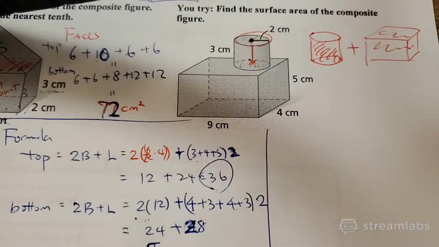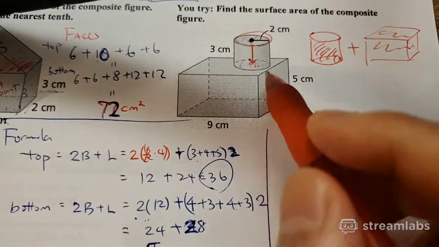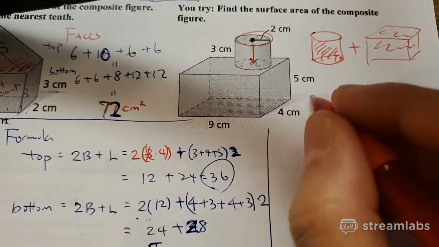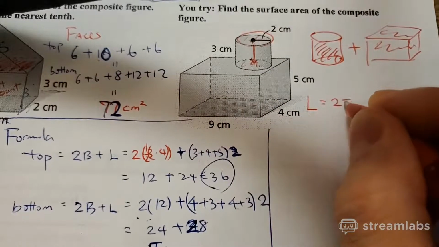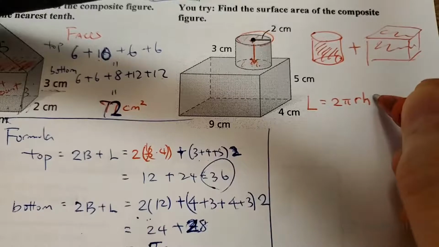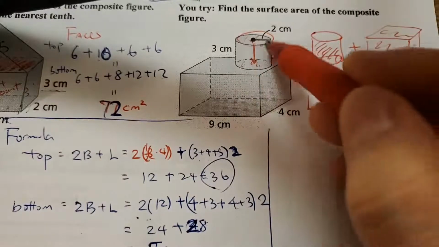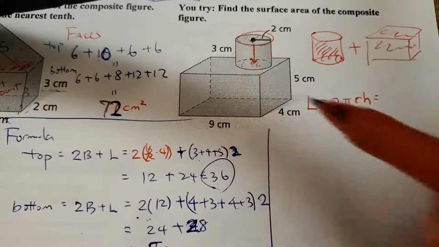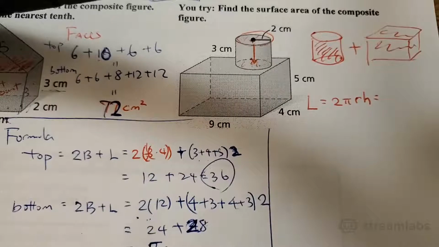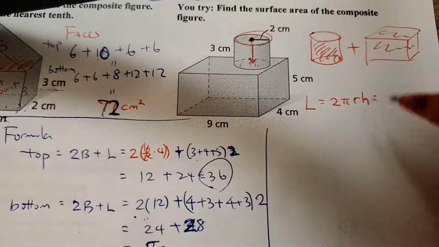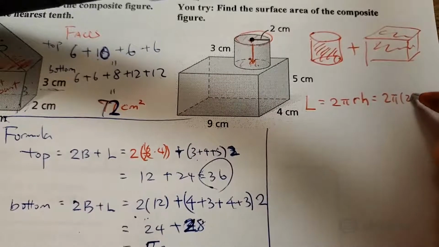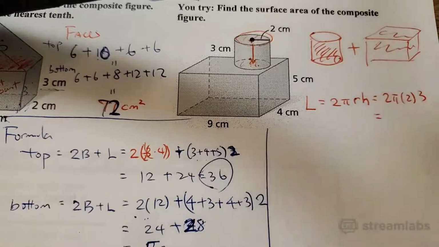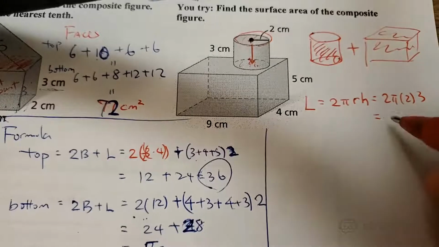I just count this part as a whole, because this won't be counted, right? So the lateral is going to be 2 pi RH, right? 2 pi RH is 3, so it's going to be 12 pi.